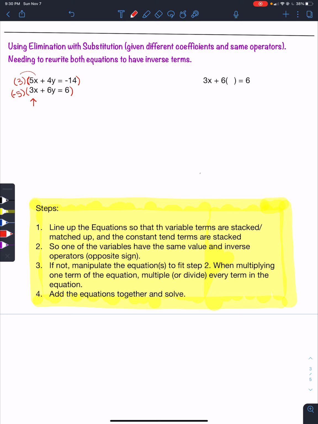Distribution, 3 times 5x gives me 15x. 3 times 4y gives me positive 12y. And 3 times negative 14 gives me negative 42. Okay. Negative 5 times 3x gives me negative 15x. Negative 5 times positive 6y gives me negative 30y.